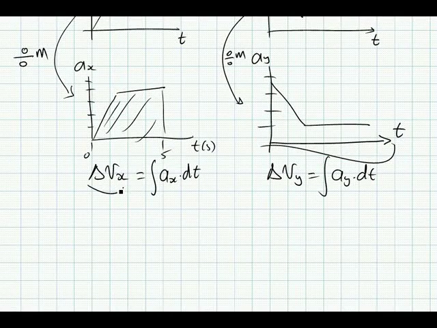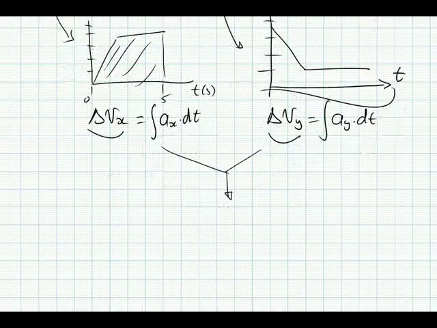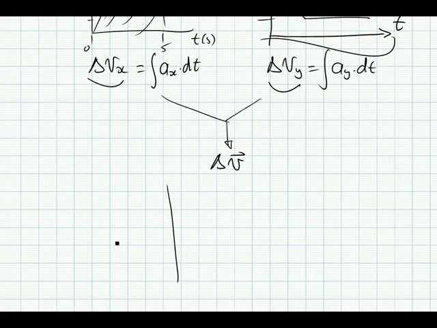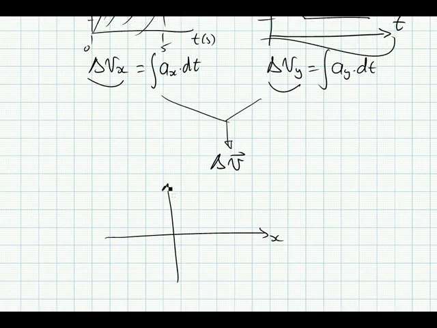Now that you've figured out change in the x velocity and change in the y velocity, now you can do a vector combination to get the change in velocity vector. How do you do that? Well, draw your Cartesian coordinate system. Alright, that's your x, that's your y.